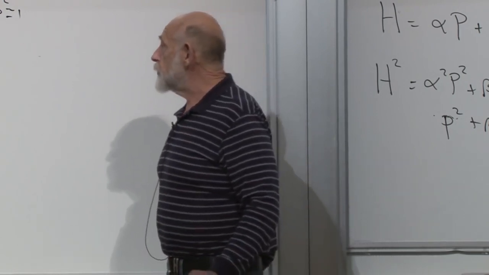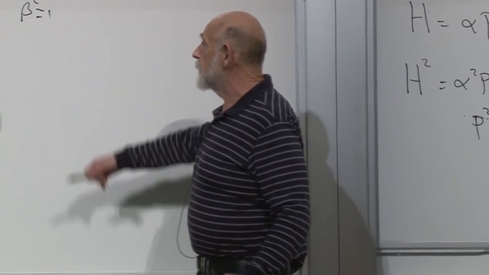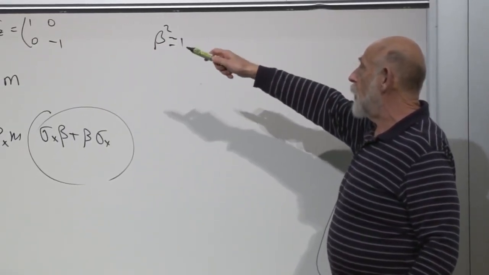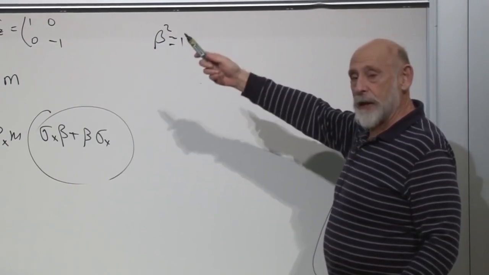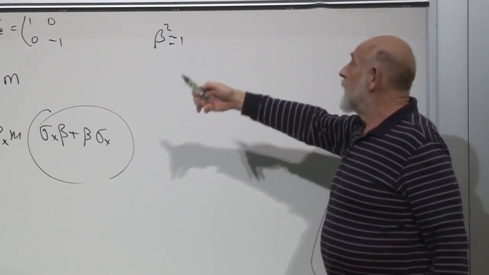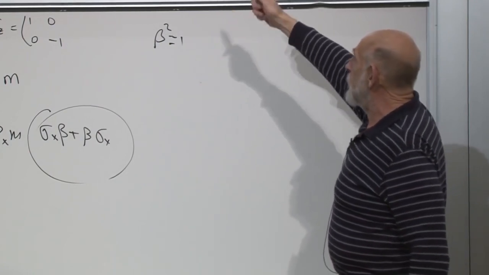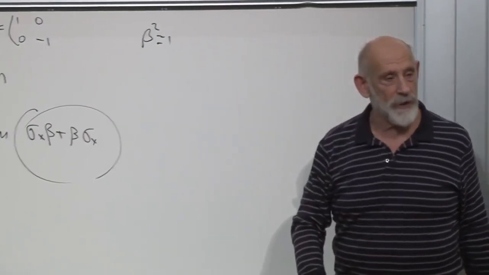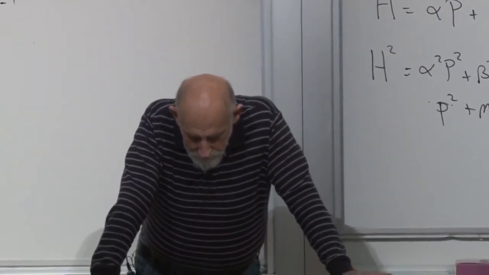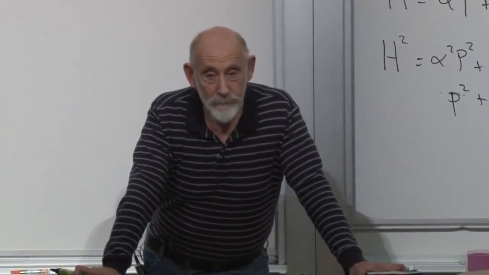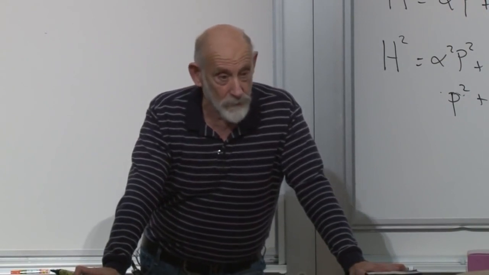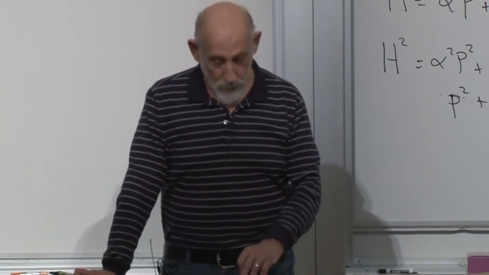Roughly speaking, nobody would mind very much if I called the x direction the y direction, and the z direction the x direction. So if I just permuted sigma x, sigma y, sigma z in some way, they'd be just as good. Same is true of the alpha and beta, the Dirac matrices. There are many, many different representations. We just have to pick one and stick with it.